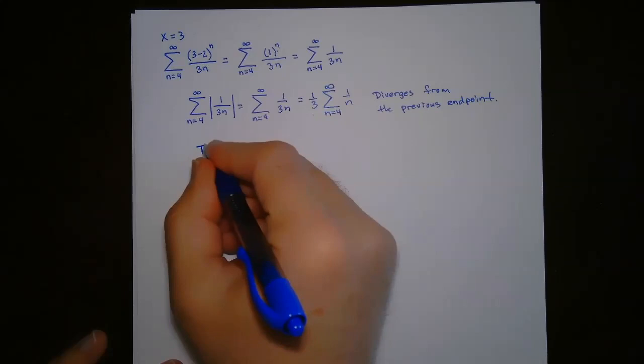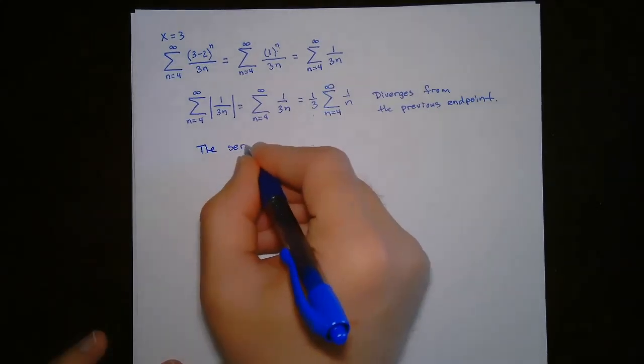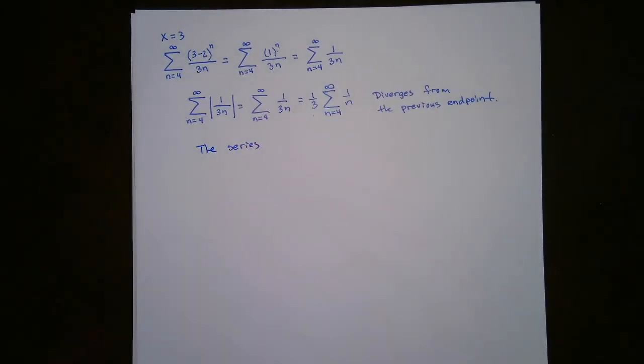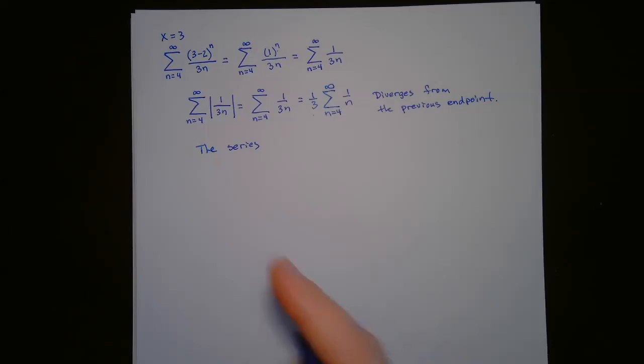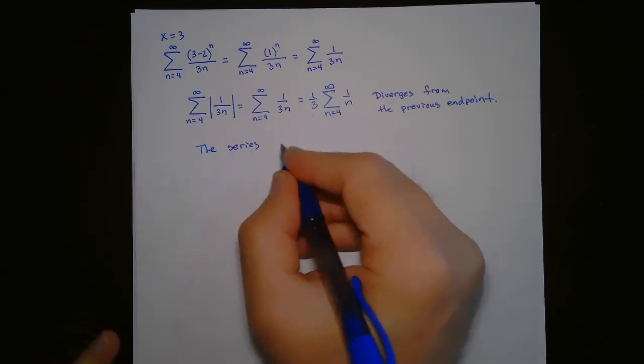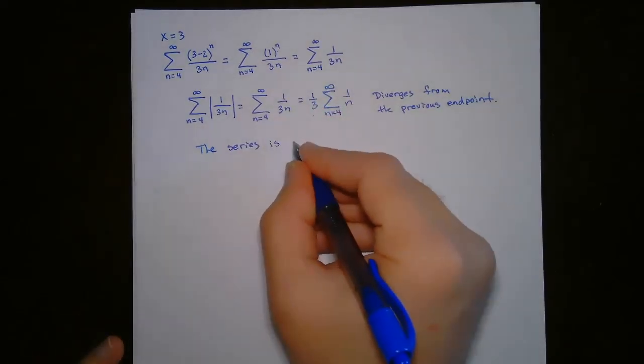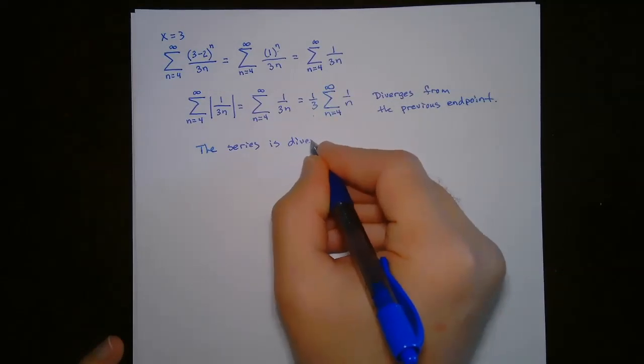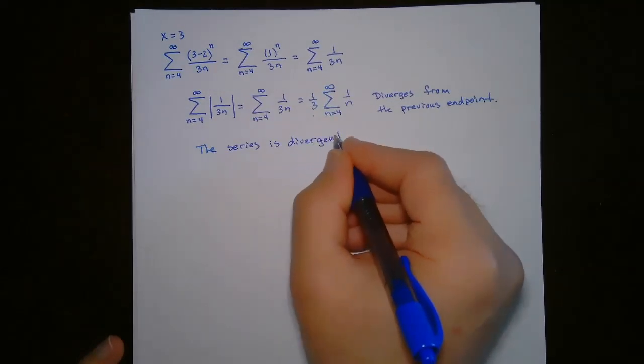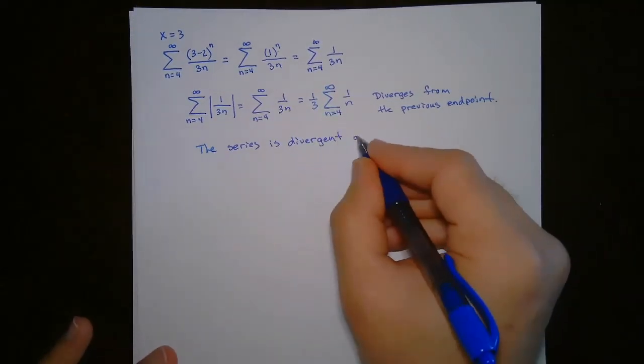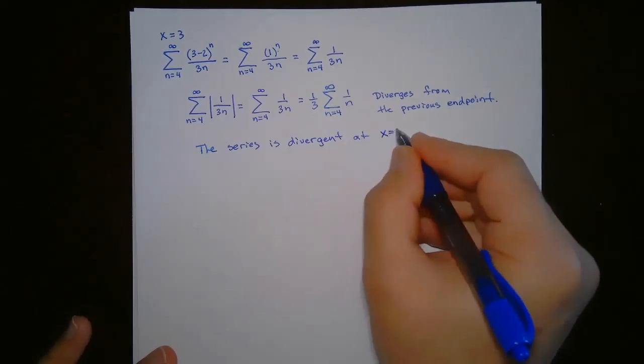If it's not absolutely convergent and it's not conditionally convergent, then it must be divergent, right? So the series diverges at x equals 3.